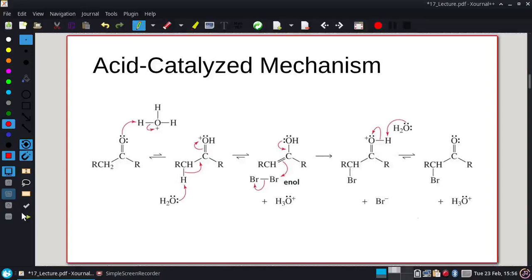So kind of like the acid-catalyzed enol creation, we're going to let the ketone or aldehyde, the keto, attack the hydrogen of an acid and protonate itself. Then we can remove that H and create our enol.